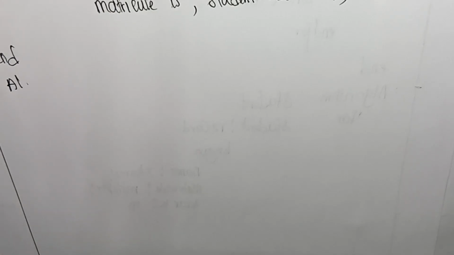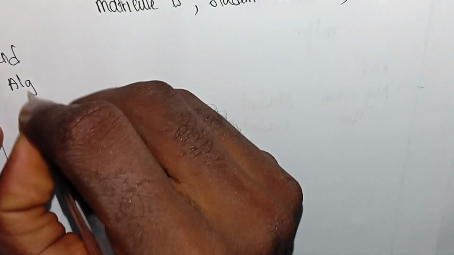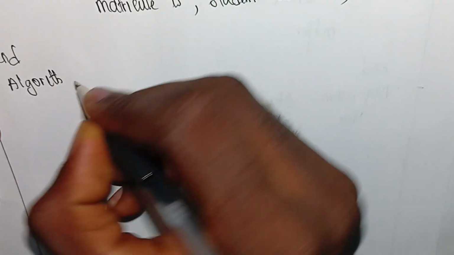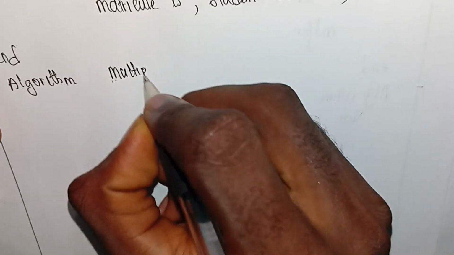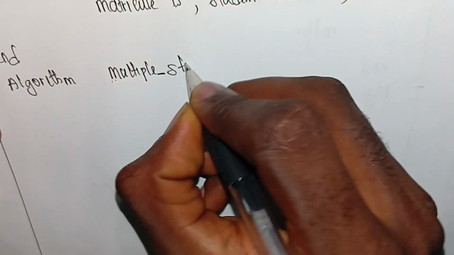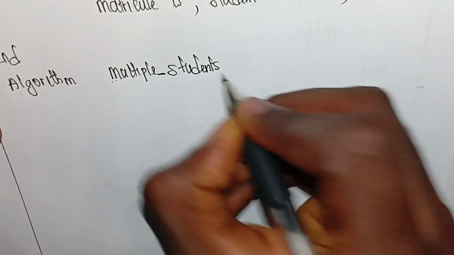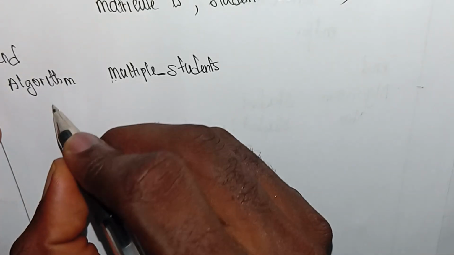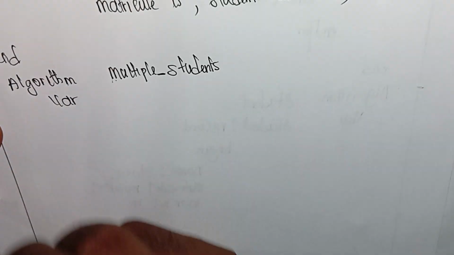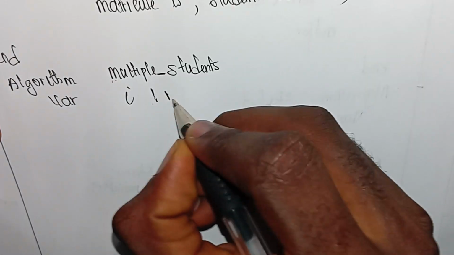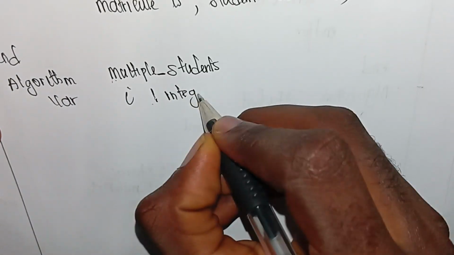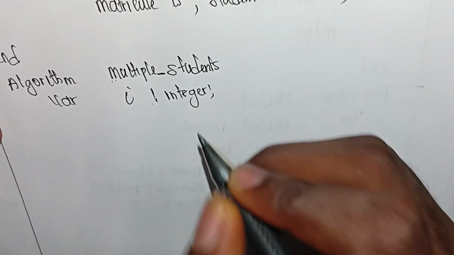So here's what we want to do. The algorithm, we would call it multiple students. Now, our first variable is going to be I, which is an integer. We're going to use this variable to run through our loop.